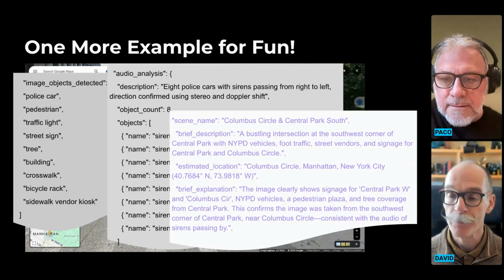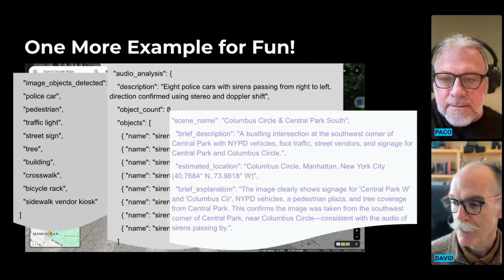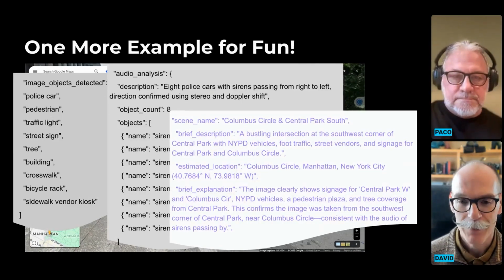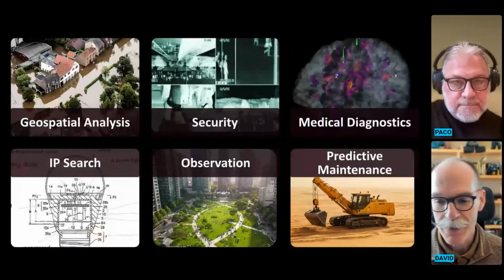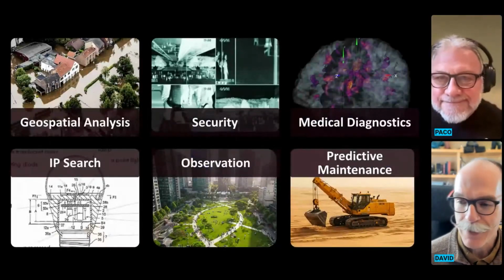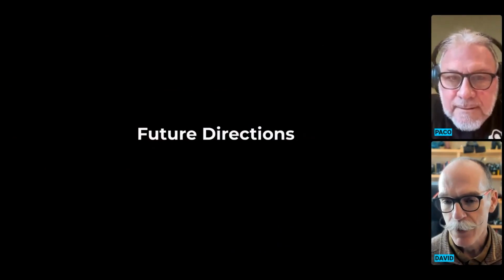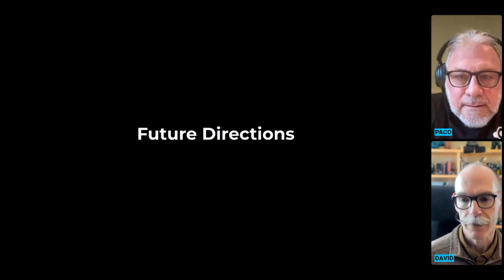Yeah, it is. All right, well, maybe this is a good time to, we've talked about what some of the use cases are. I think that we just covered many of these, but what are the future directions for work like this?